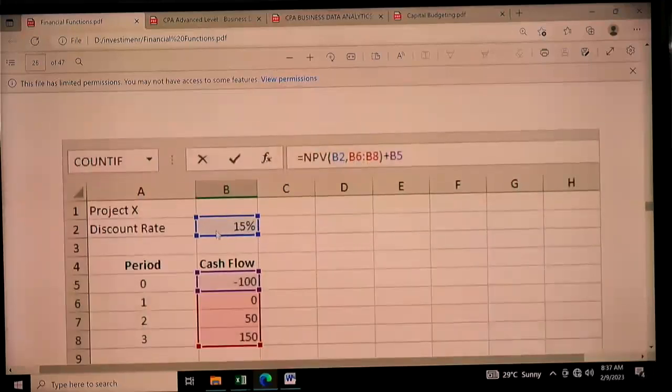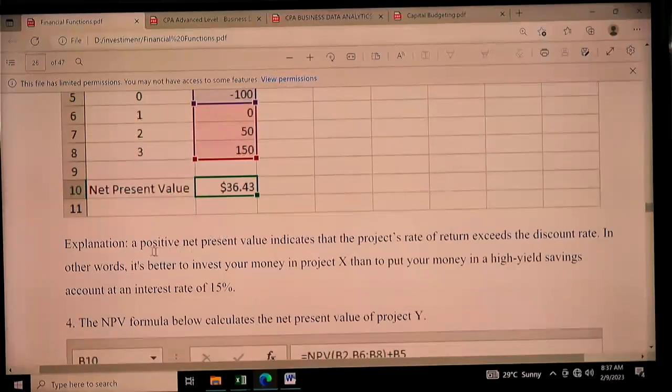Then as we proceed, we get the explanation that a positive net present value indicates that the project's rate of return exceeds the discount rate. In other words, it is better to invest your money in project X than to put your money in other high yield savings accounts at an interest of 15%.